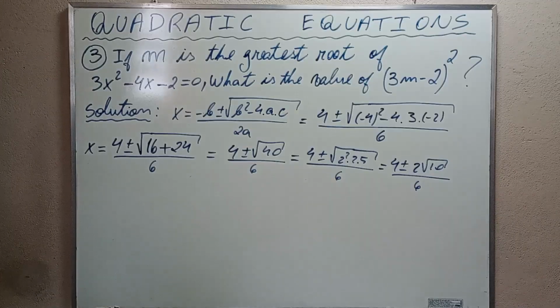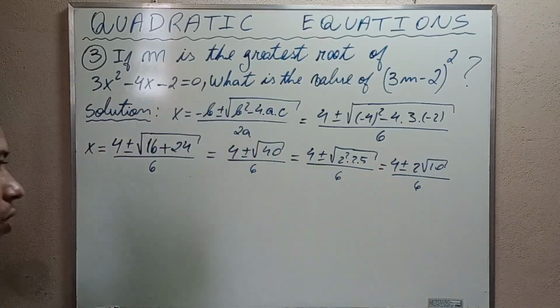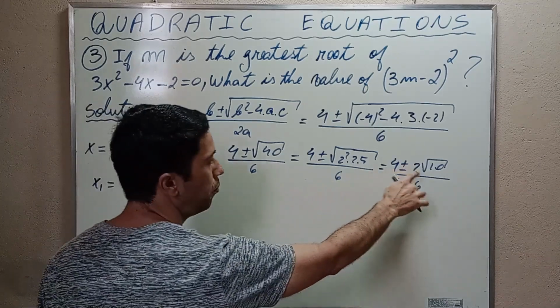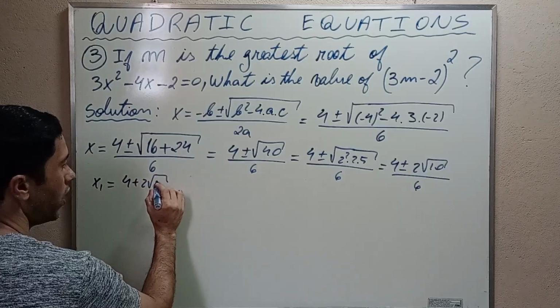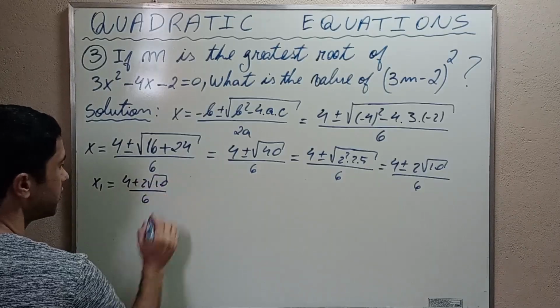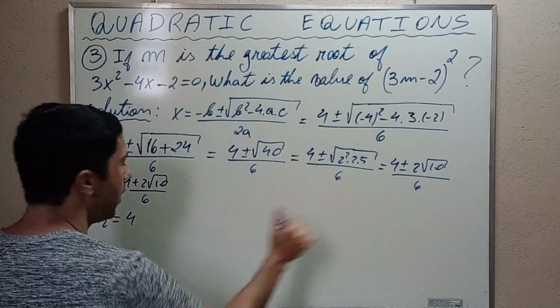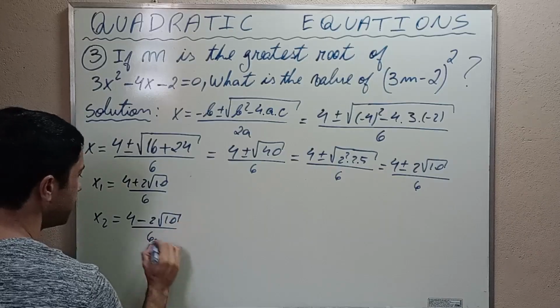And as there is a plus minus sign here, there will be 2 roots. x1 is equal to 4 plus 2 times the square root of 10 divided by 6, and x2 is equal to 4 minus 2 times the square root of 10 divided by 6.